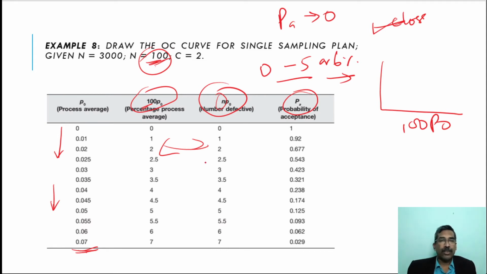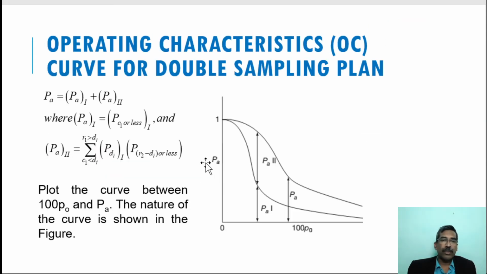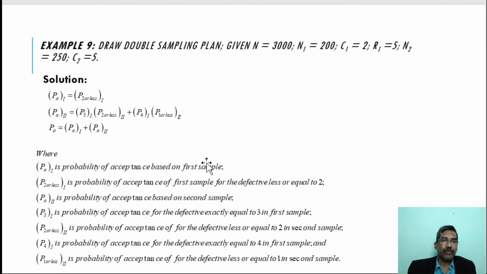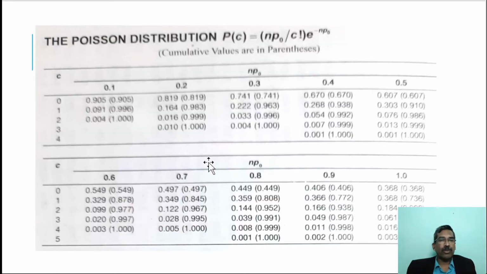So you can see here this Poisson distribution table. Suppose C is given as 2, then this is given for different NP0 values.